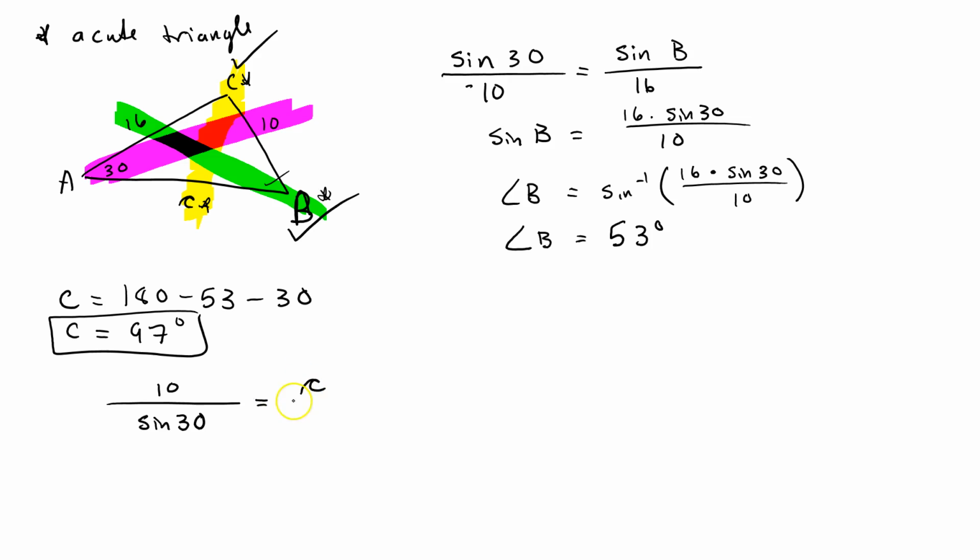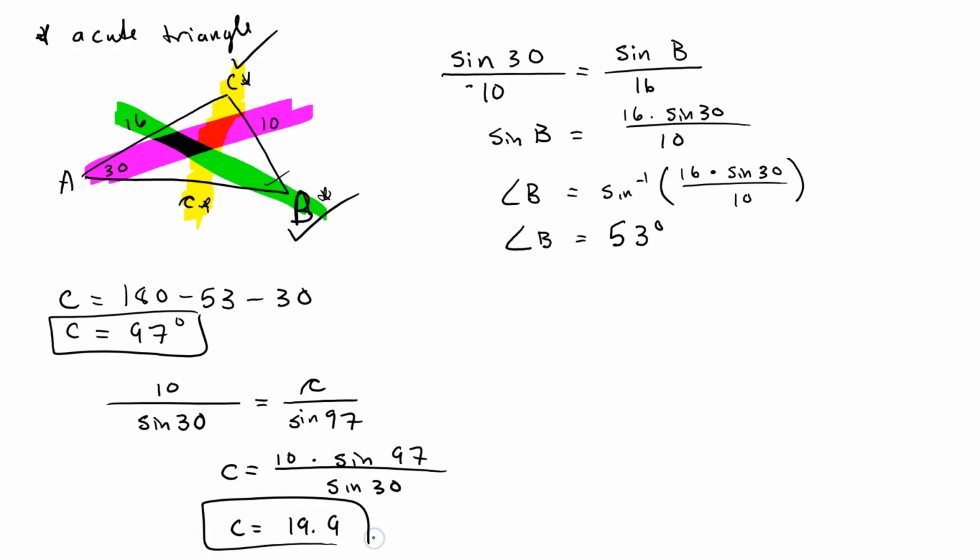Equals little c over sine of 97. C equals 10 times sine of 97 all over sine of 30. C equals 19.9 units. Great!